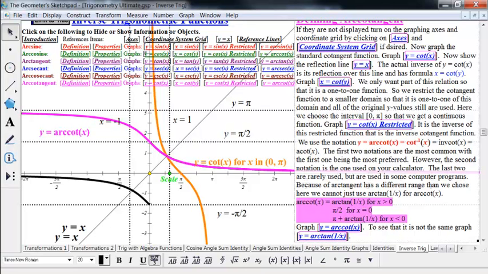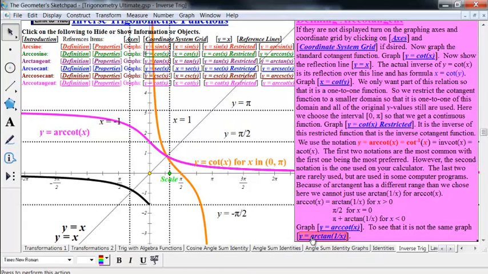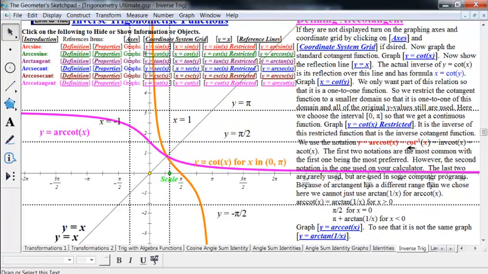And it's pi plus the arctangent of 1 over x for x's that are negative. And we'll see that that one does give us the correct graph that we're after.